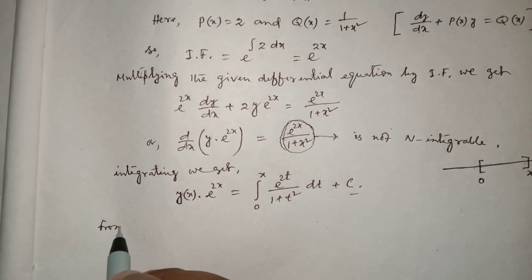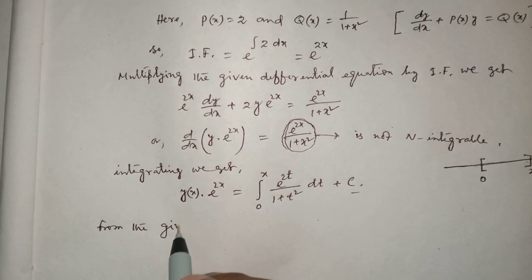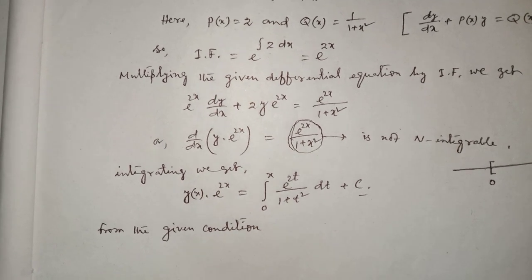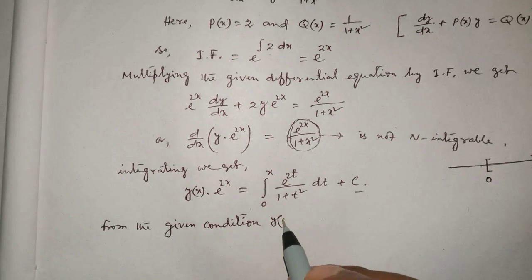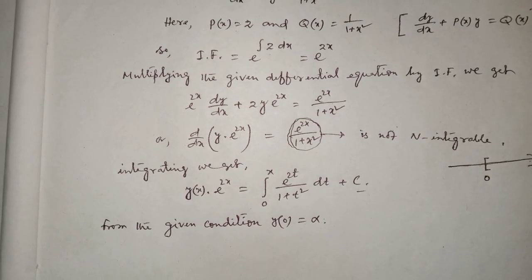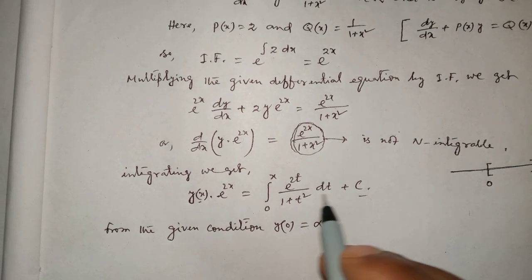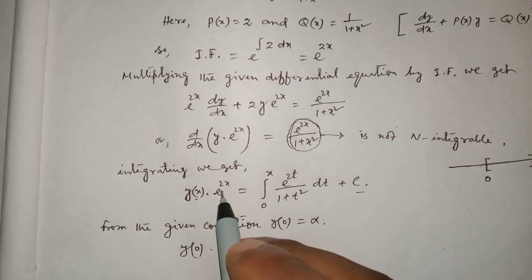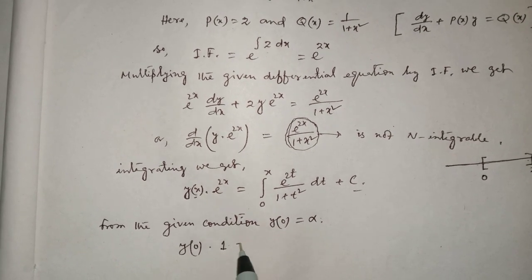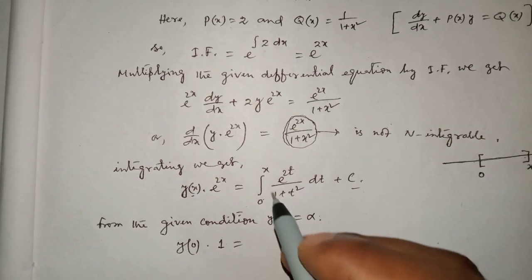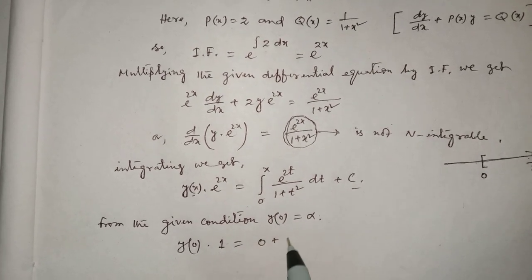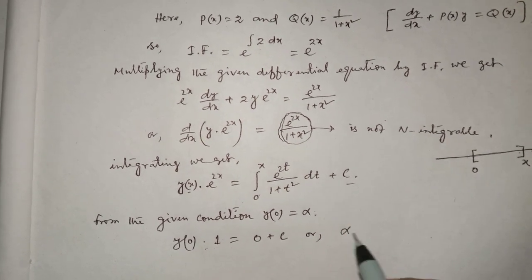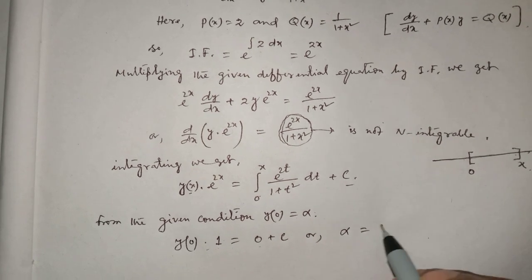Now, from the given condition, y of 0 is equal to alpha. So putting x equal to 0, here we get y of 0 into e to the power 0, means 1, is equal to 0 plus c, or y of 0 is alpha, alpha into 1 means alpha, is equal to 0 plus c, means c.